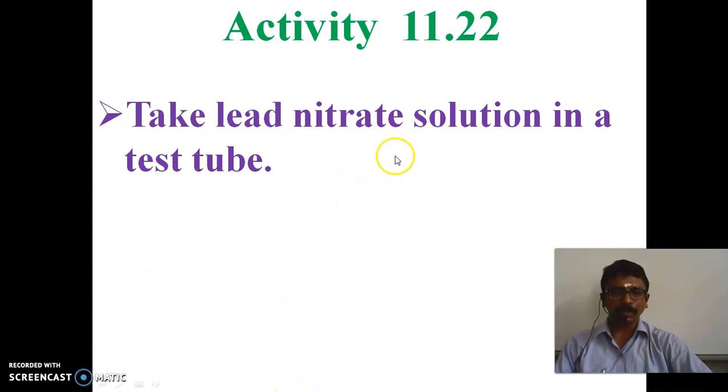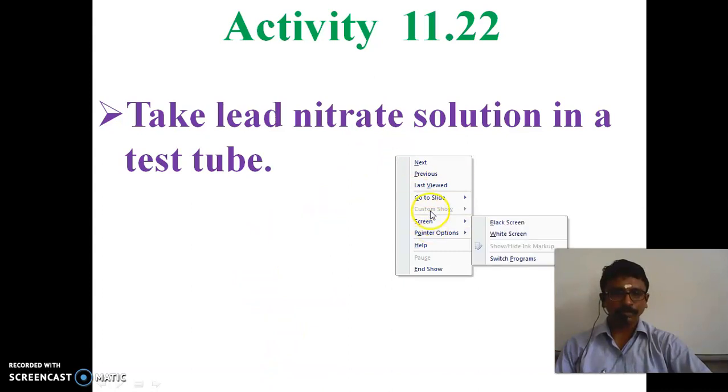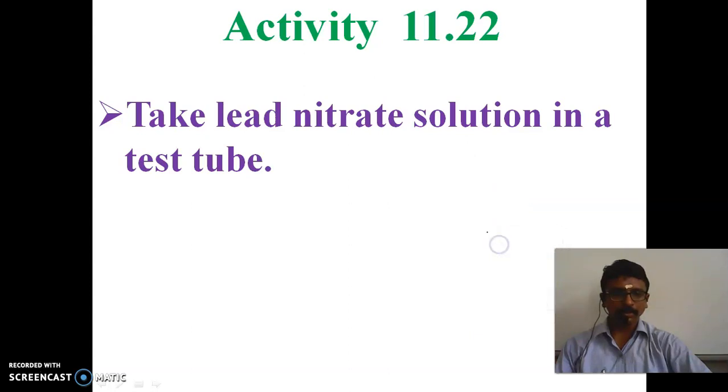What is the formula for lead nitrate, children? What is the formula for lead? Pb. The valency for lead is how much? It is +2. And what is the formula for nitrate? NO3.